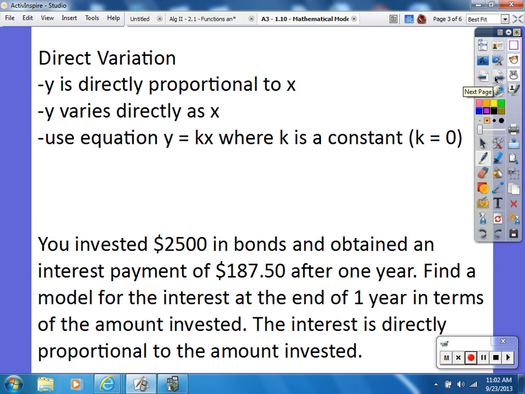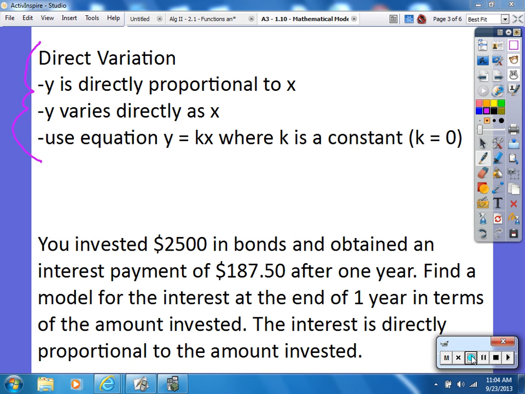We're going to talk about variation. The part you need to copy down is the top part only. So we're looking here at directly proportional. Okay? Now, they actually have to help us out in a word problem to tell us something is directly proportional.